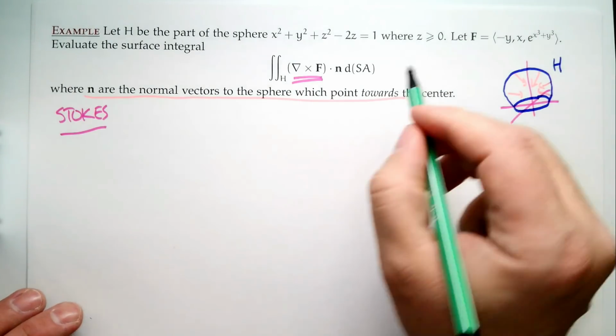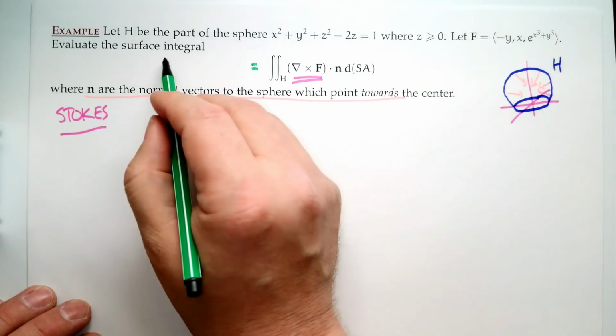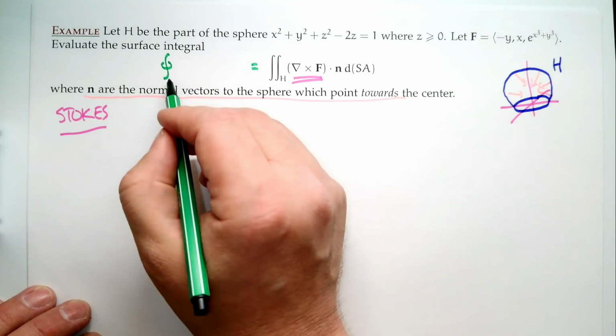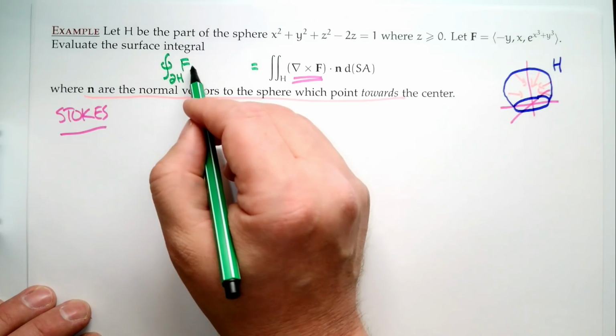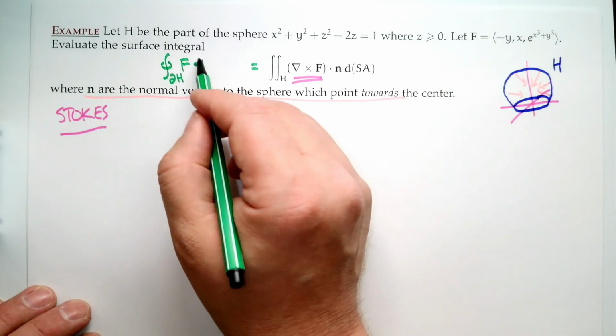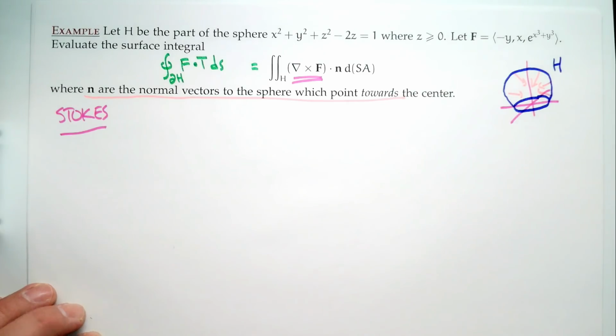Option number 2 says, I can turn this into a line integral on the boundary of H of F dot T ds. So in other words, I can say, what's the right boundary? What's that bounding curve? Get an orientation, make sure I get a parameterization which matches that orientation, and then I do a line integral. That's usually not too bad. And in this case, it's about as much work as what we're going to go with.